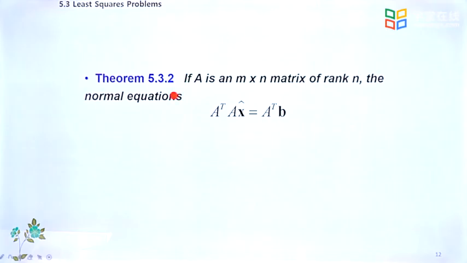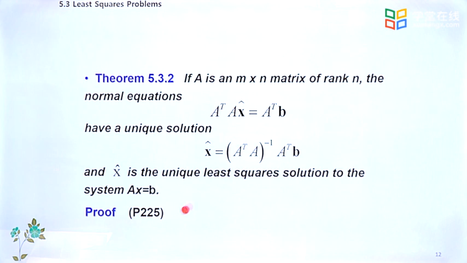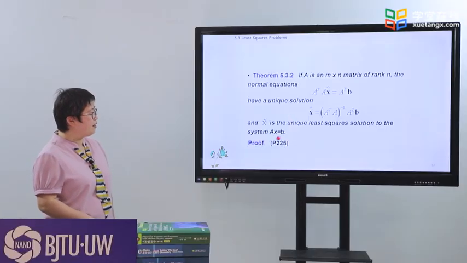Theorem 5.3.2: if A is an m by n matrix of rank n, the normal equations A transpose A x hat equals A transpose B have a unique solution, x hat equals the inverse of A transpose A times A transpose B, and x hat is the unique least squares solution to the system Ax equals B. The proof can be seen on this page of the textbook.